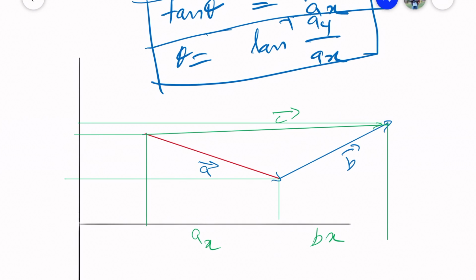So now if you look at the angles, the angle of A is negative, so its y projection would actually be negative. So basically what we are saying is that this is Ay and this is By, and the Cy is nothing but By minus Ay, because their angles are different, and because of that they will have to be subtracted and not added.